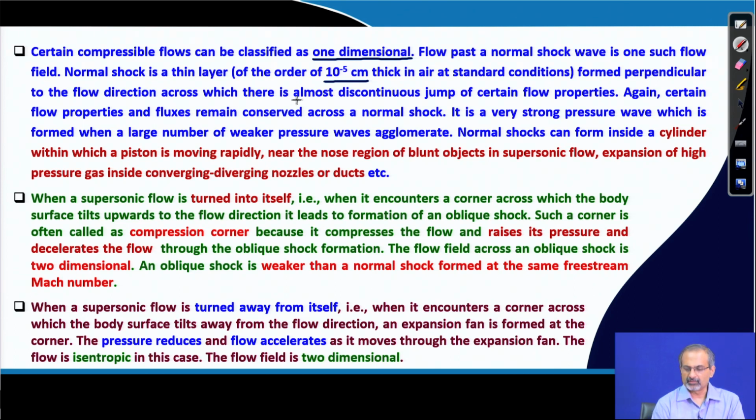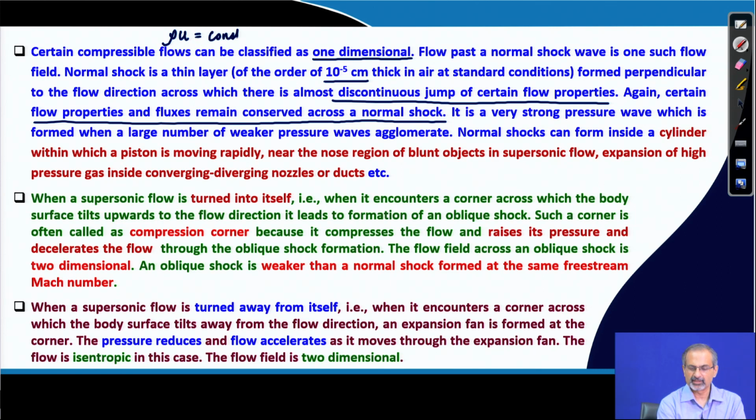and there are discontinuous jumps of certain flow properties across the normal shock, which we will see later on through some equations also. Again, certain flow properties and fluxes remain conserved across a normal shock. For example, you have seen that the product rho u remains constant, that is your continuity equation.